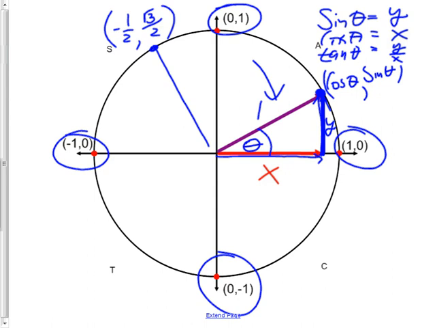So if I, for instance, wanted to know the sine at this spot, sine's y, right? The sine of that angle is √3/2. And the cosine of that angle is -1/2. All right, go to another one. Go to another blank one.